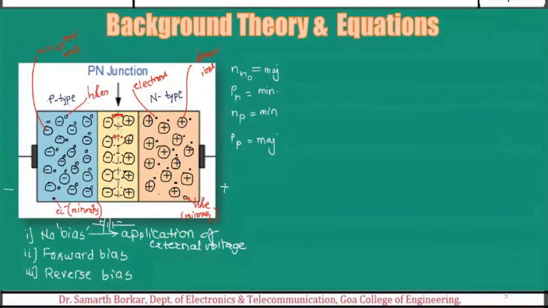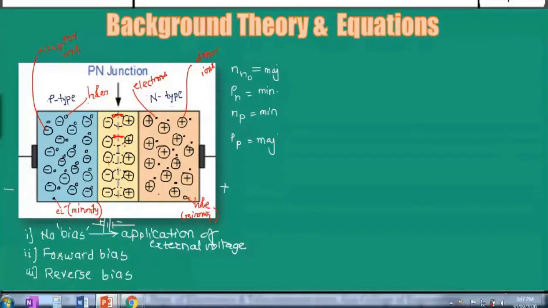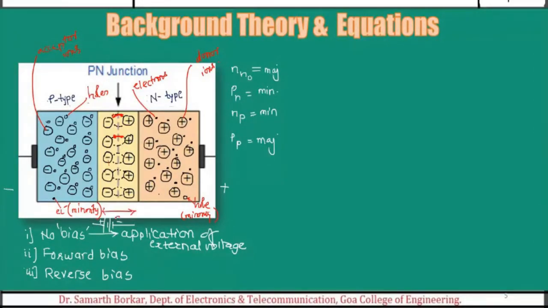Fine. So there are no free charge carriers here. There are free charge carriers in this region, but in this region we don't have any free charge carriers. So they are devoid or depleted of charge carriers. So this region is referred to as the depletion region.